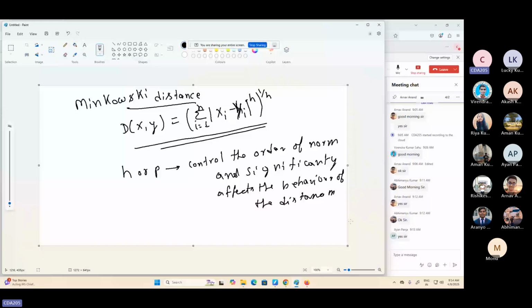Okay, we will see that through the graph. We will see how it is affecting that. So always remember, whenever we are talking about this h, this h plays an important role which decides the behavior of the distance matrix. Okay.